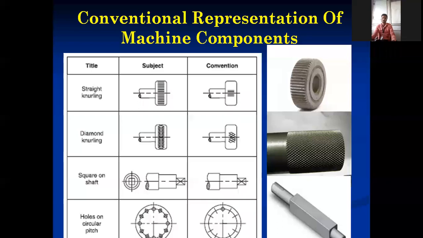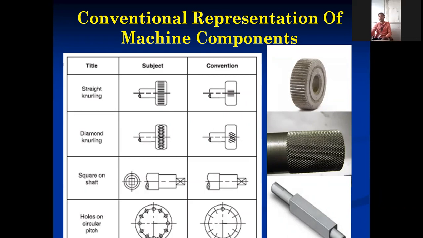Whenever we want to tighten or loosen any component, a structure is provided which gives a firm grip. Suppose we want to make a nut tight or loose. In that case, a structure is provided on the component. That structure is called knurling.